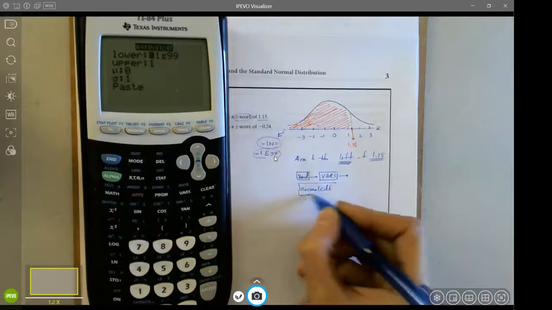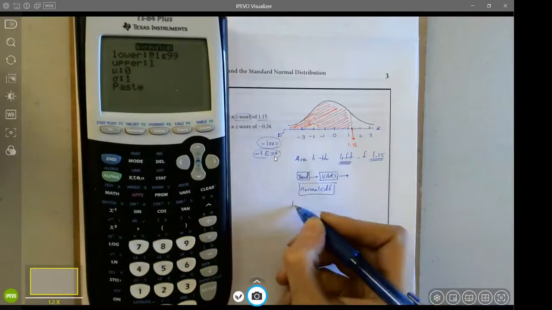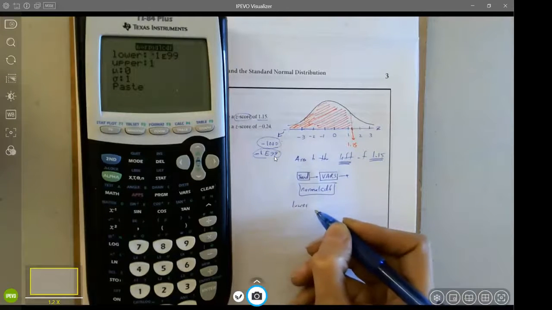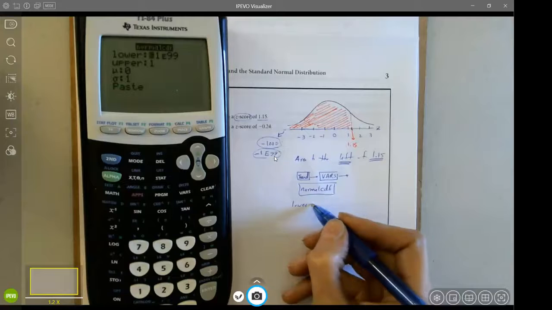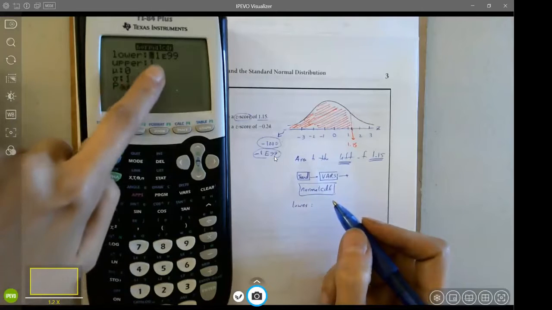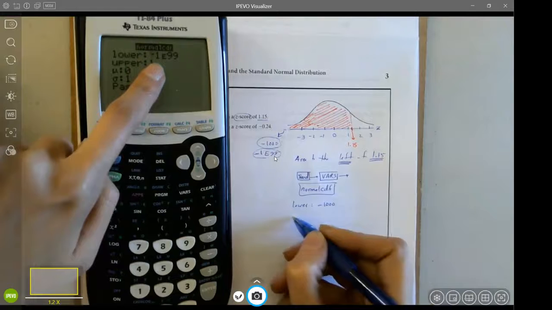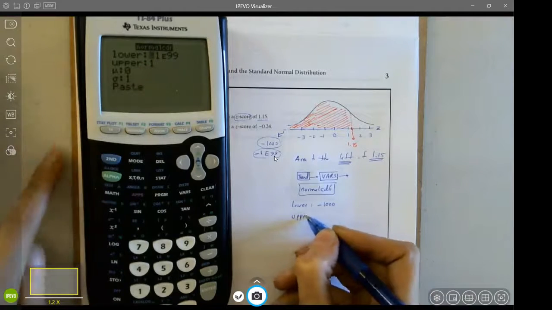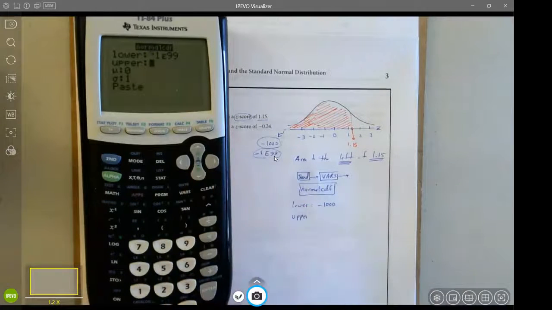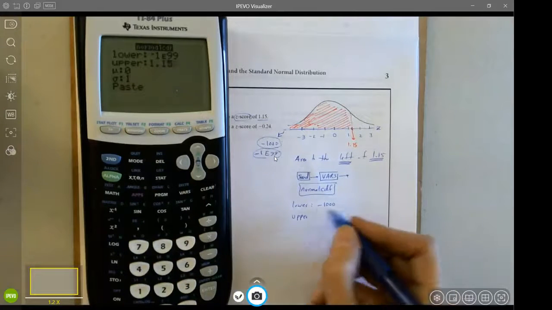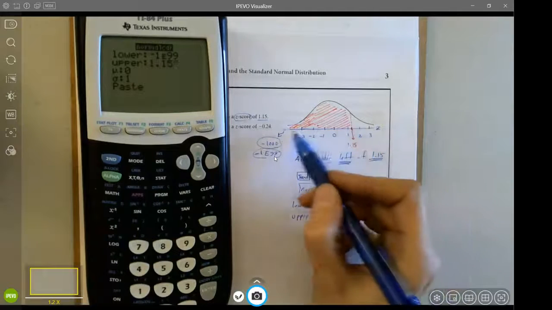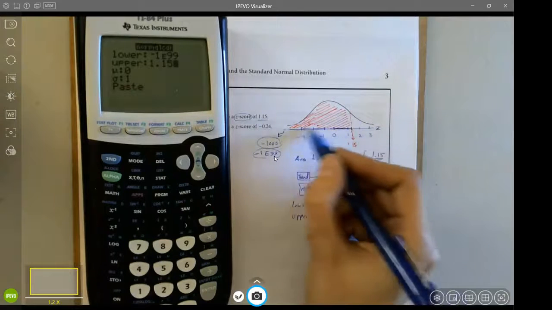So your lower bound, lower limit, if you don't see this number, you can use -1,000. Your upper is going to be 1.15.